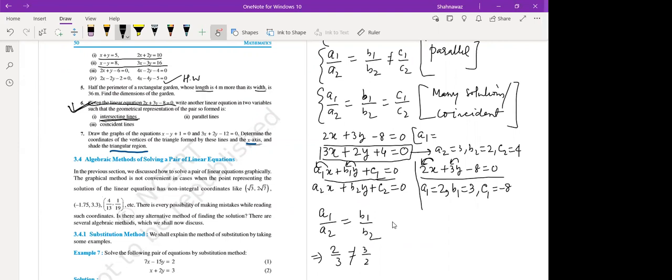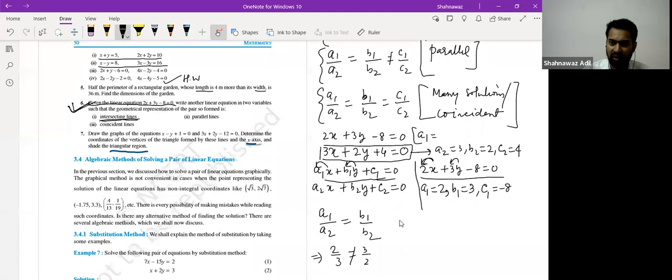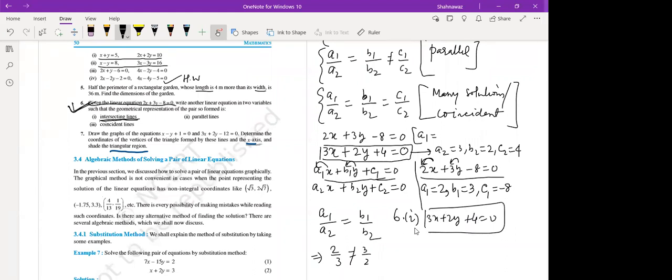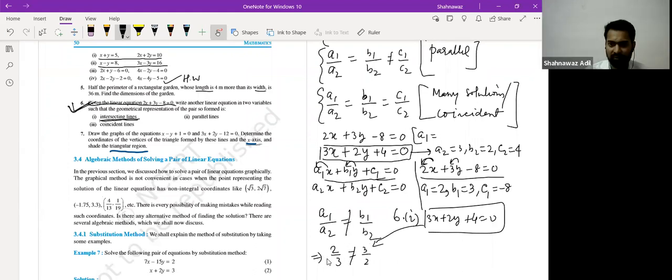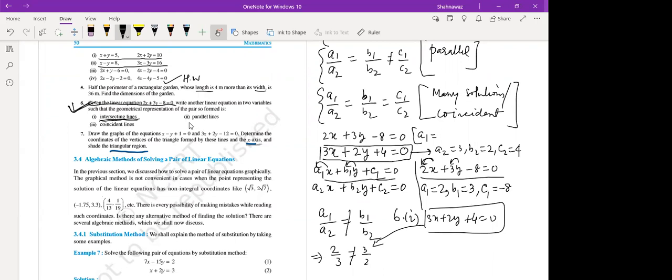So the first 6, 1, answer is what? 3x plus 2y plus 4. Am I correct? Yes, sir, because this is fulfilling this condition.